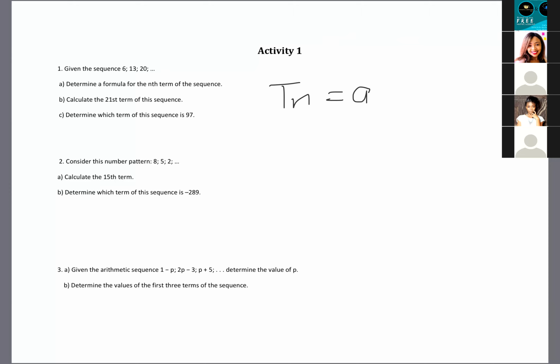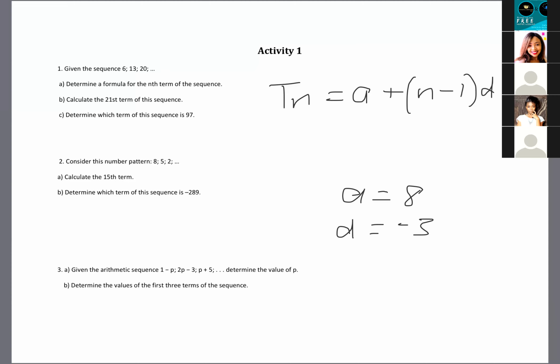You first have to identify your A, and then you find the common difference, which is your D. That's perfect, right? So in this number 2, what do you think your A is going to be? Our A is equal to 8, and our D is -3. Perfect.